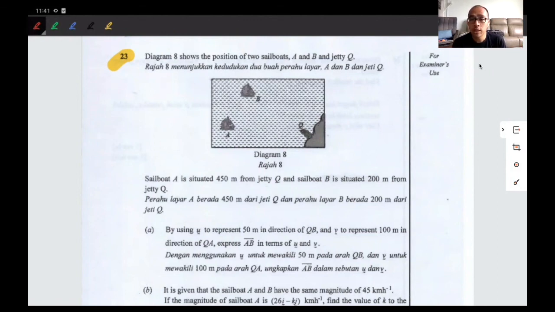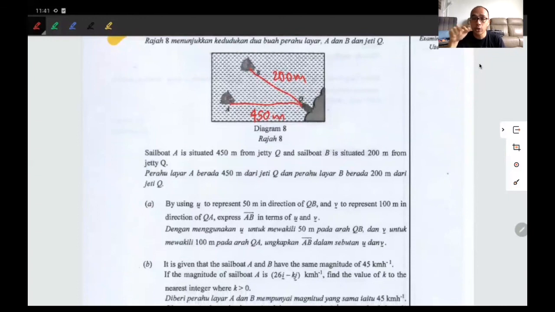Diagram 8 shows the position of two sailboats, A and B, and jetty Q. Sailboat A is situated 450 meters from jetty Q, so here is 450 meters. Sailboat B is 200 meters from jetty Q. By using u to represent 50 meters in the direction of QB, here is vector u, and v to represent 100 meters, here is vector v.